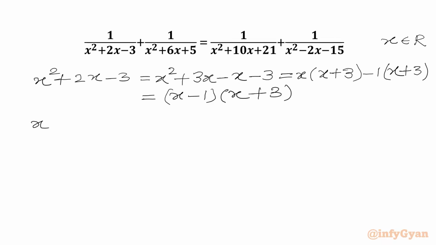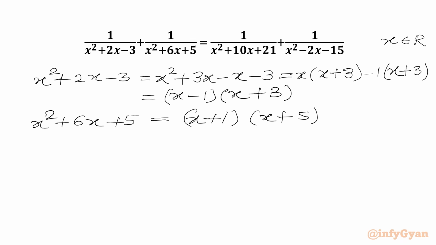Similarly, we will write the second denominator x square plus 6x plus 5, which will be factorized as x plus 1 times x plus 5. Similarly, we will consider x square plus 10x plus 21, which will be factorized as x plus 3 times x plus 7.